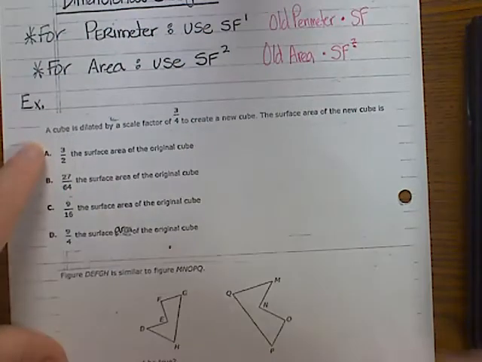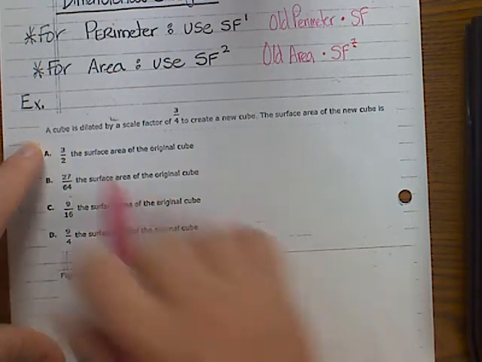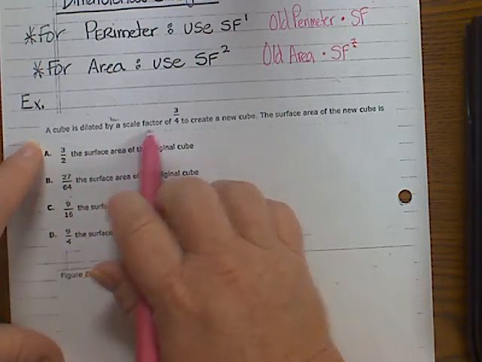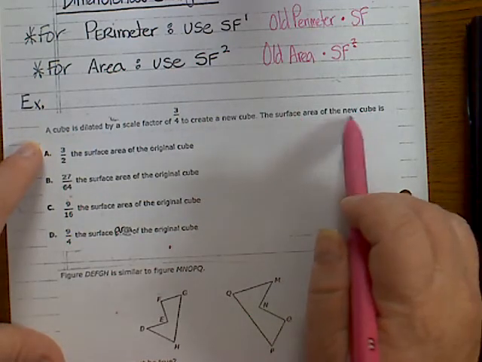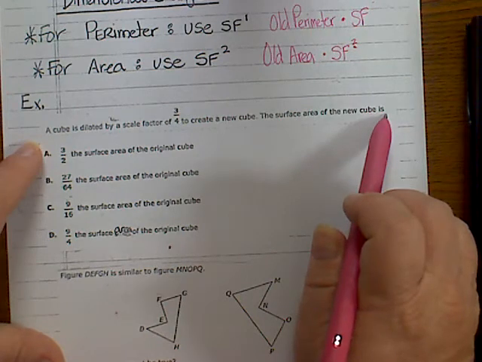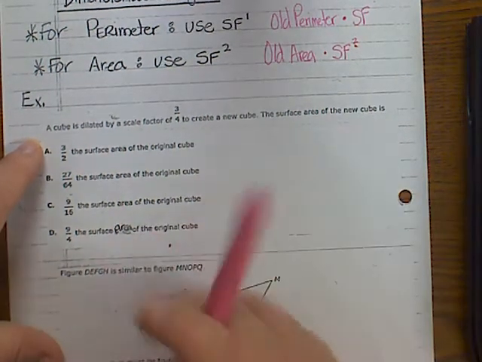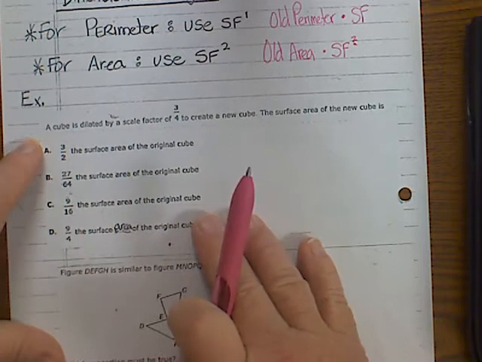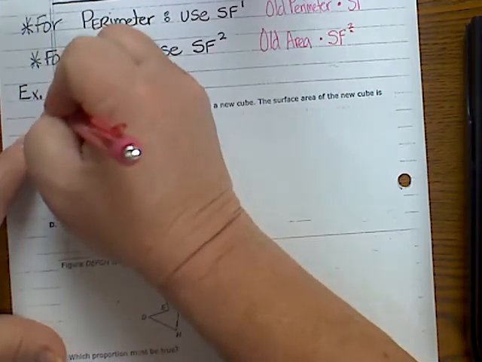So here is a problem: a cube is dilated by a scale factor of 3/4 to create a new cube. The surface area of the new cube is, oh, I don't like this problem. We should have changed this problem. Let's do a square.